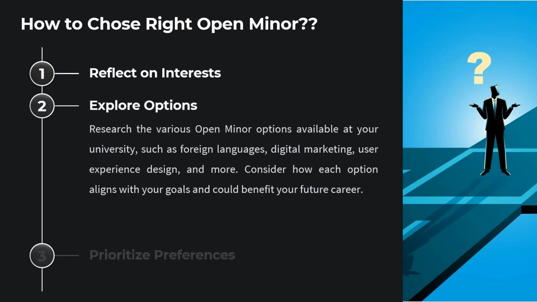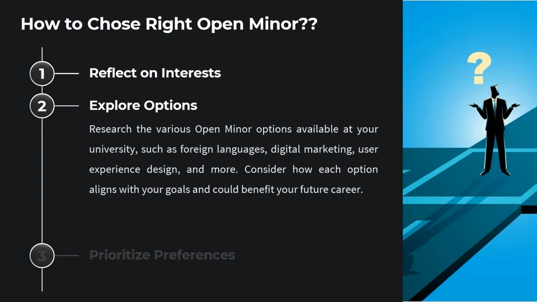The second important step is to explore the options. Research the various open minor options available at your university, such as foreign languages, digital marketing, user experience design and more.